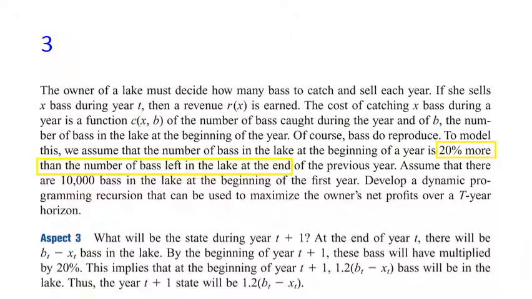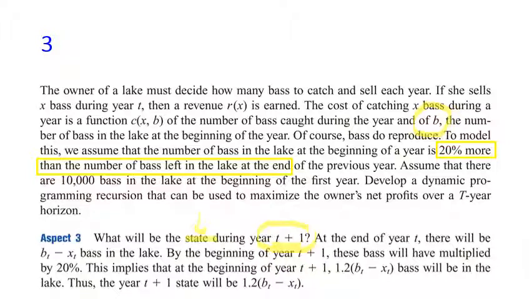So in aspect 3, we care about how the state changes going into year T plus 1. So the main point is about T plus 1, and specifically it's about the state. At the beginning of this year you have BT fish, and after catching the fish, we would like to define how many fish you will have at the beginning of the next year.